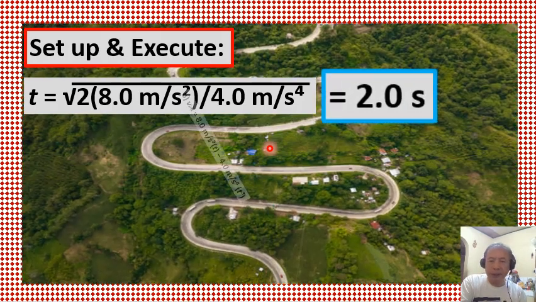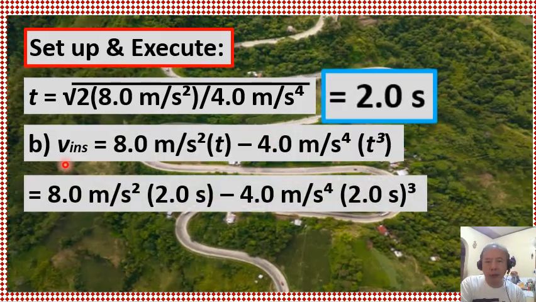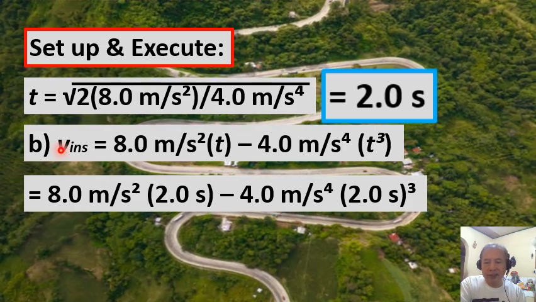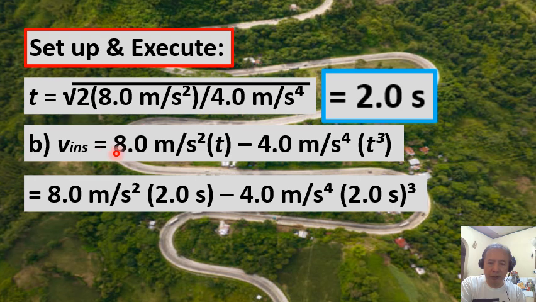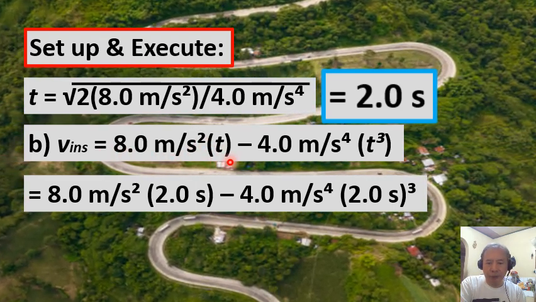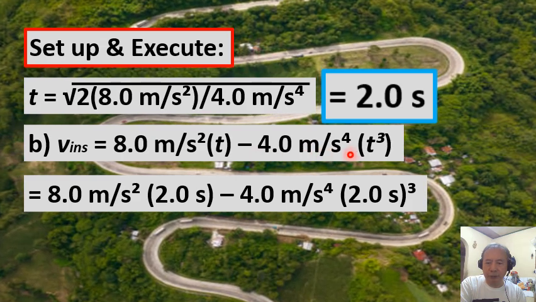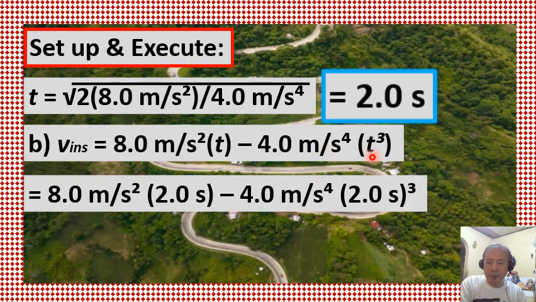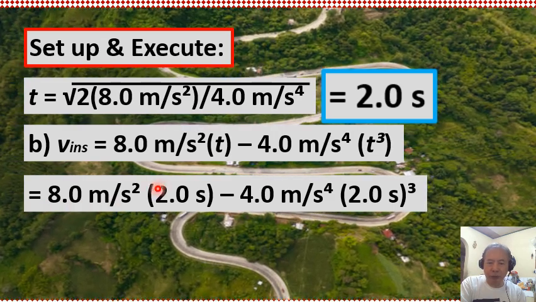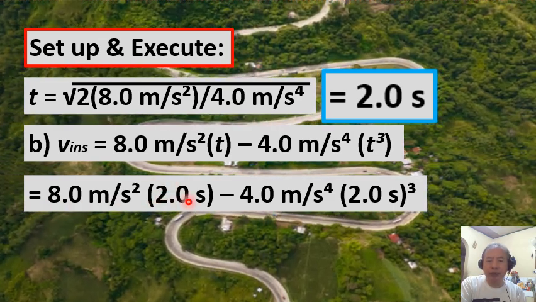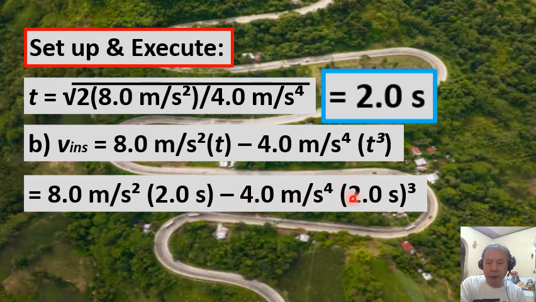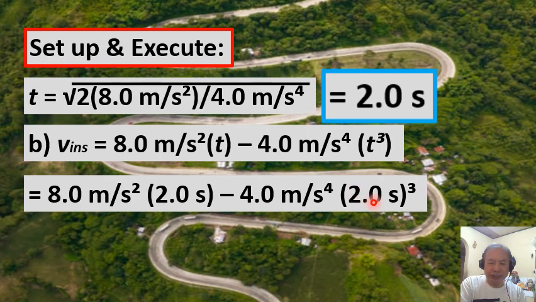That is, the instantaneous velocity v at the instant 2.0 seconds equals 8.0 meter per second squared multiplied by the time t minus 4.0 meter per second to the fourth multiplied by the cube of the time t. Substituting, we get 8.0 meter per second squared multiplied by 2.0 seconds minus 4.0 meter per second to the fourth multiplied by the cube of 2.0 seconds.